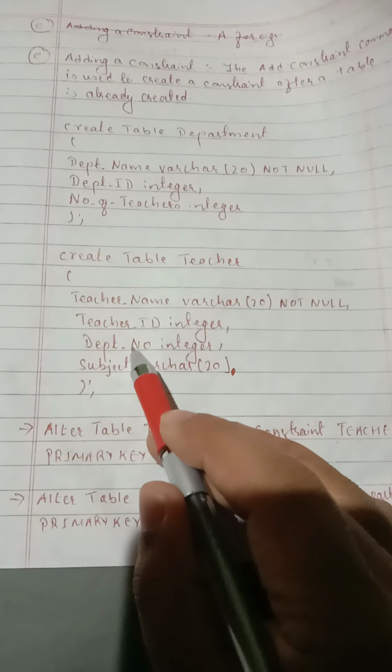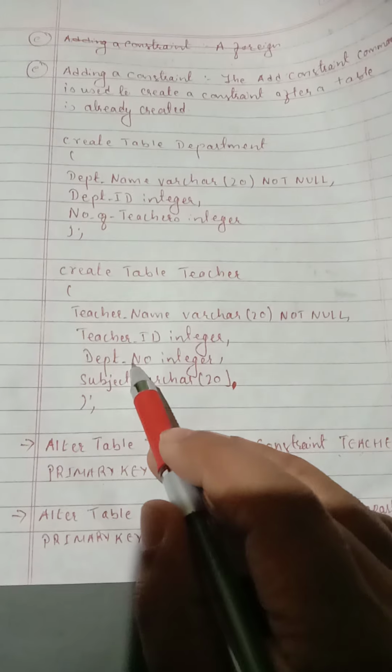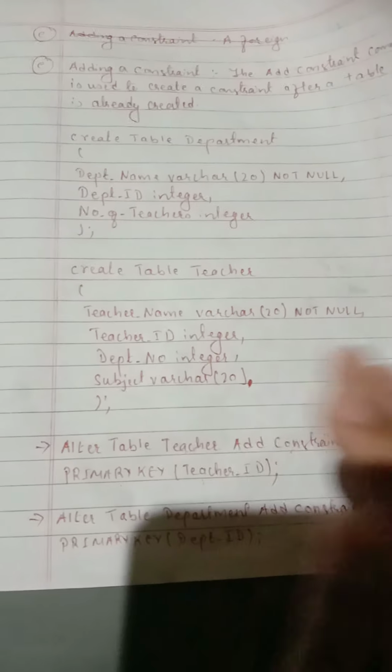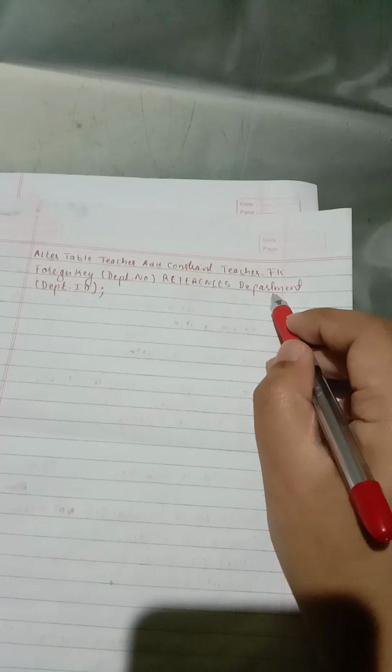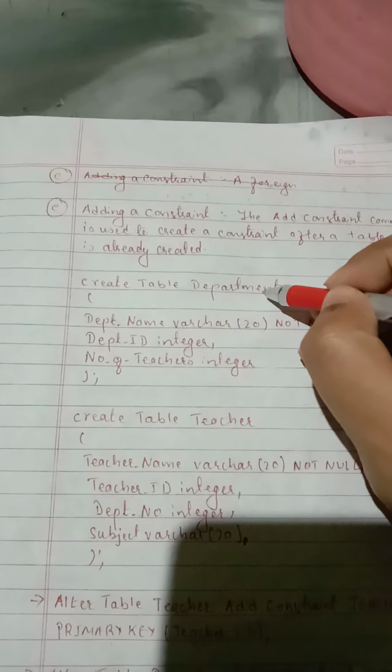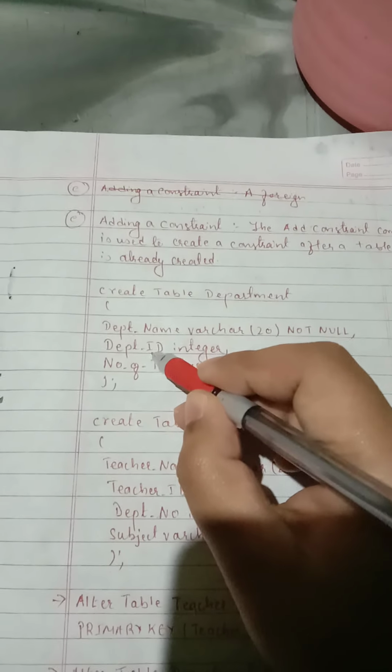I'm giving the foreign key to department number of the teacher table, and the reference is department id. Department is the table name and department id is the column name. So this is the department table and this is the department id.